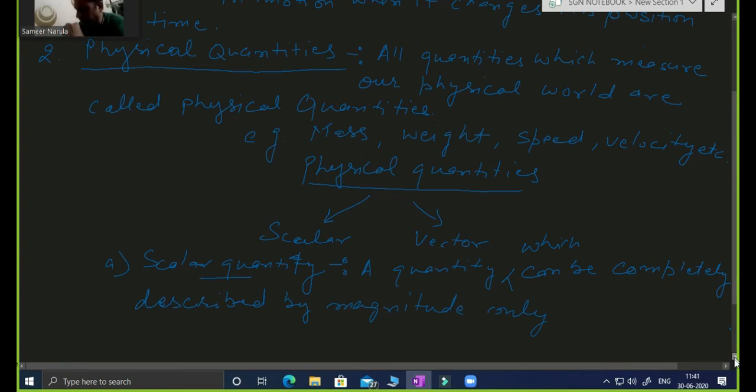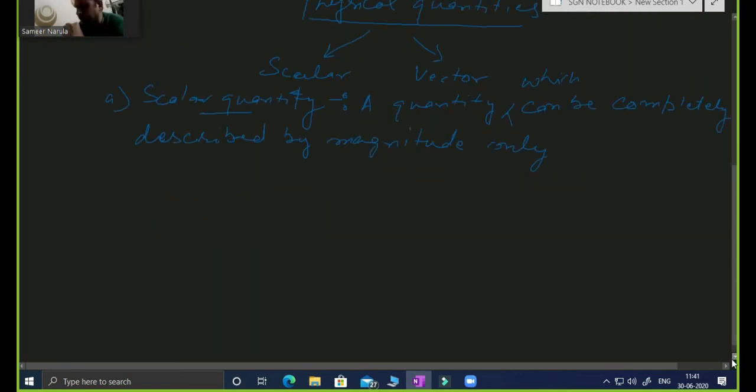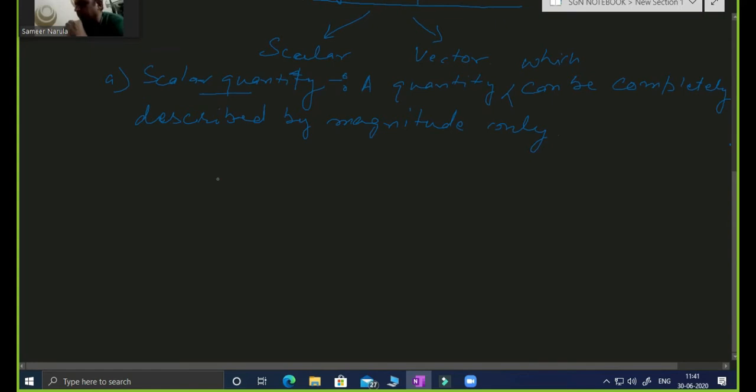Take the examples: mass and distance are examples of scalar quantity, in which only the magnitude is enough to describe it.